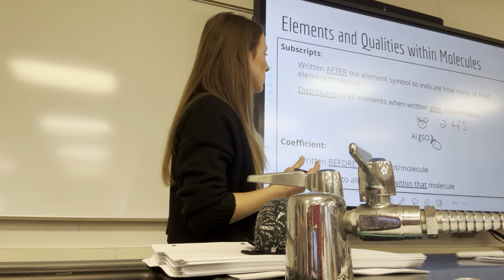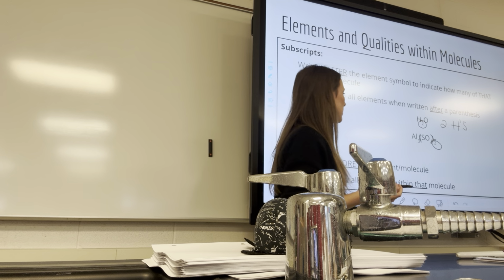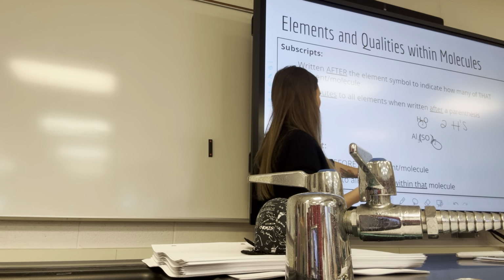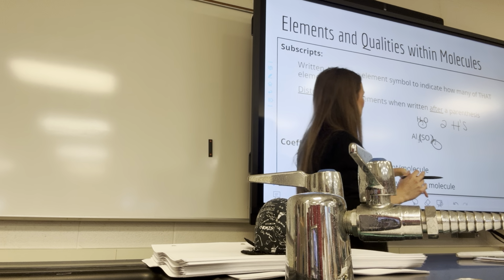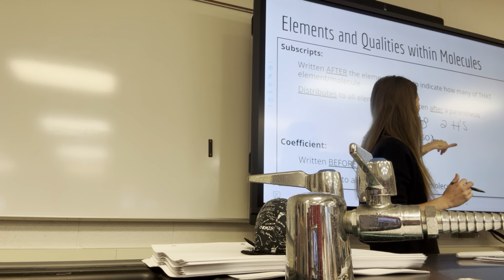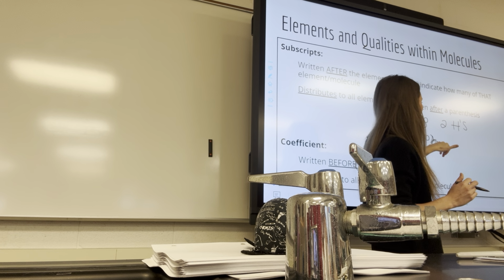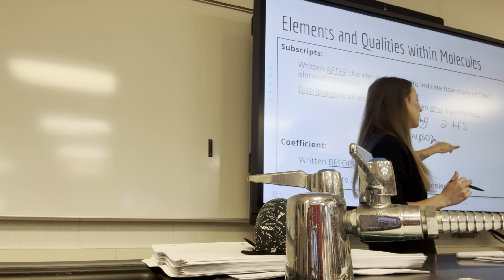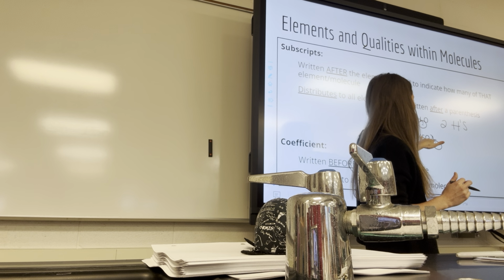Something else to note, when they're in parentheses, which I'll get to in just a second when we talk about coefficients, it'll make sense. You can see it on your paper. This SO4 here has an O4 at the end. This subscript that we're using here is actually going to multiply in.